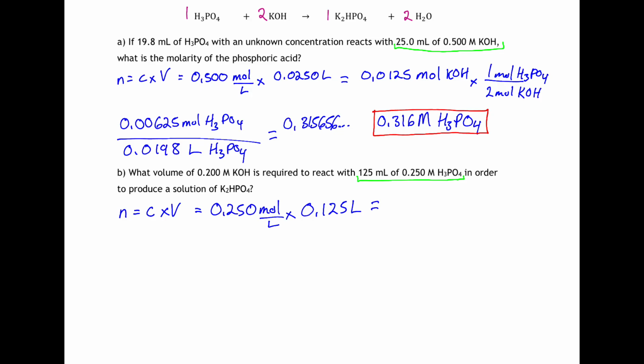So then I'm going to get 0.25 times 0.125, 0.0125. Oops, I did that wrong. Let's undo that one. We got to do 0.03125 moles.